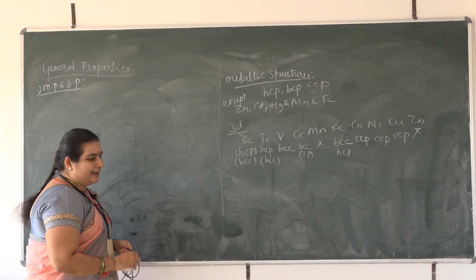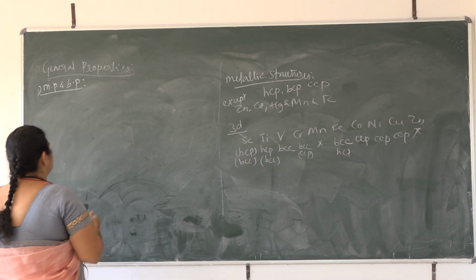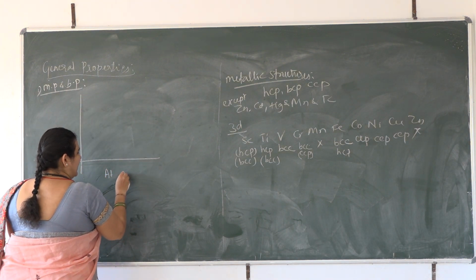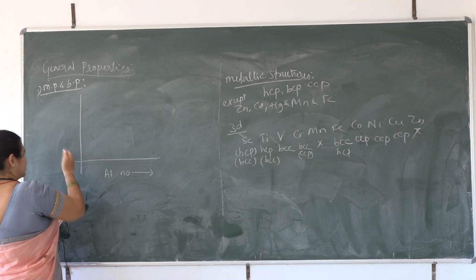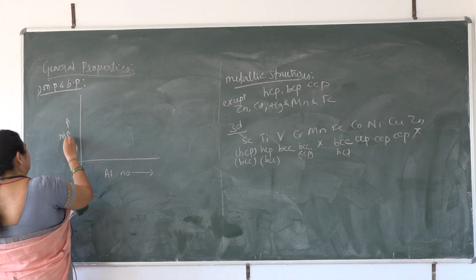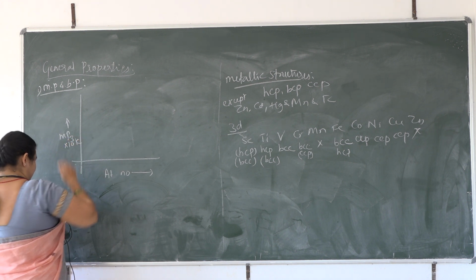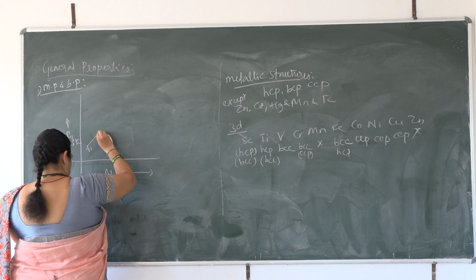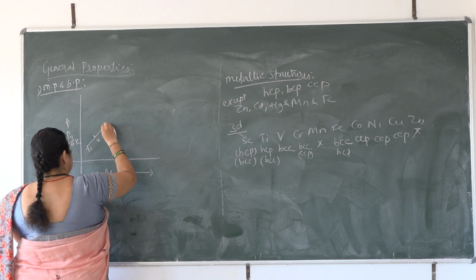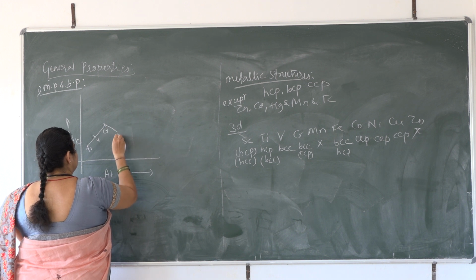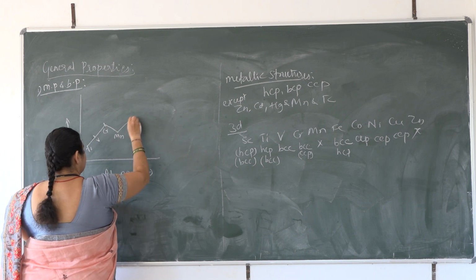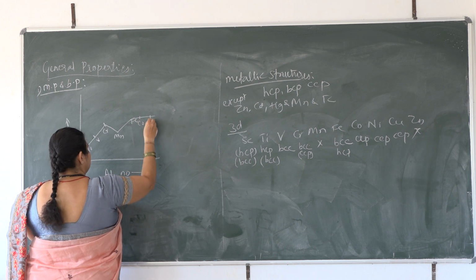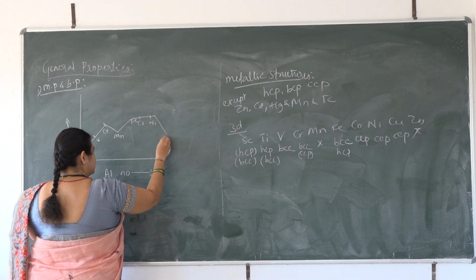Now next one is the melting point and boiling point of D block elements. So here there is a graph. Along the x-axis we are plotting the atomic number, and along the y-axis the melting point into 10⁻³ Kelvin. Okay, so titanium, vanadium, chromium, manganese, then Fe, cobalt, nickel, then Cu.